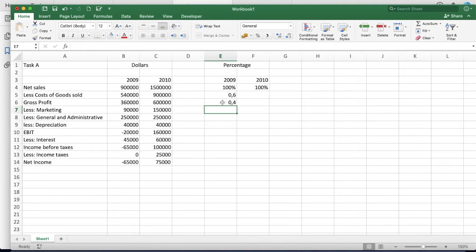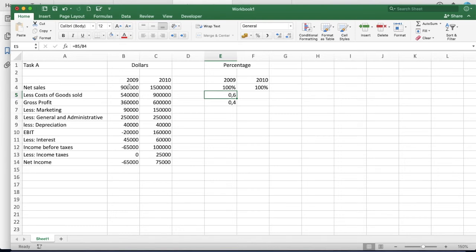We can do it item by item, but by doing so, we risk losing time, right? So there is another technique that will allow us to save time. Since every time you are using the same net sales, this cell is fixed. So instead of typing B5 divided by B4, where B4 is the net sales, we have to make this cell fixed.